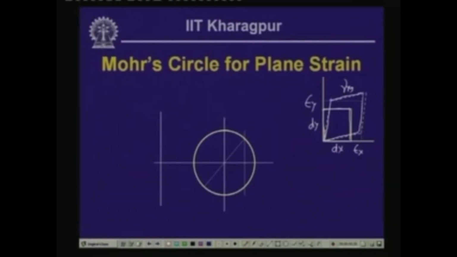If we take these quantities, we can compare our relationship with the stresses. In the case of stress at any orientation x dash, it was written as a function of sigma x, sigma y and tau xy.